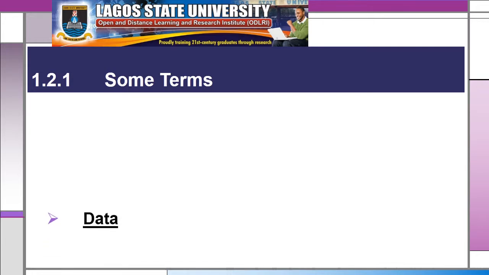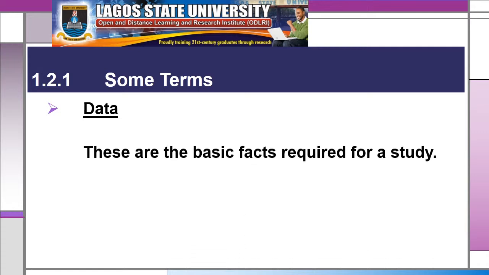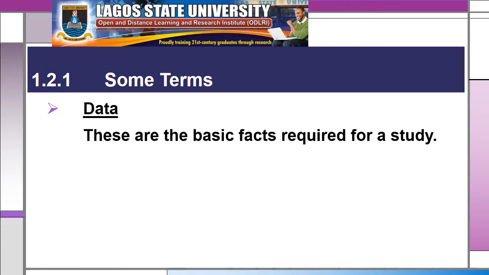So what is data? For now, let us simply say that data are the basic facts required for a study. That is, when a study is needed or is to be conducted, we make use of what we call data, which represent the raw facts about the study.